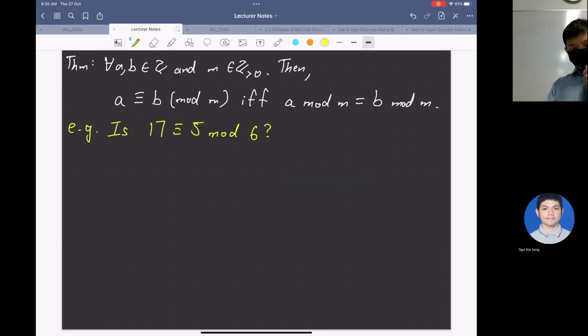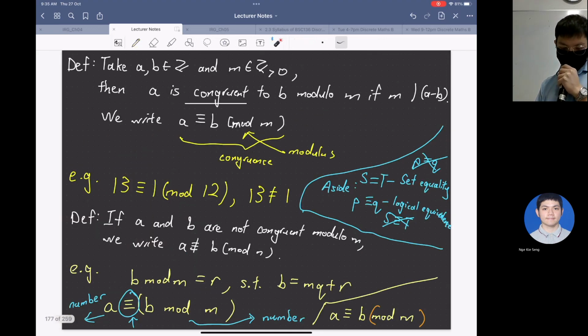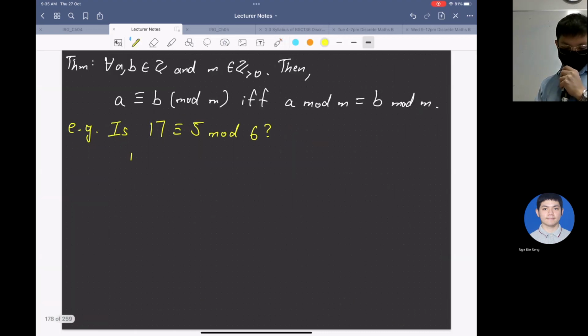How do you check the statement here? What's the definition of congruence? If things are congruent to each other, you take the difference and then divide it by M. So 17 minus 5 is 12.